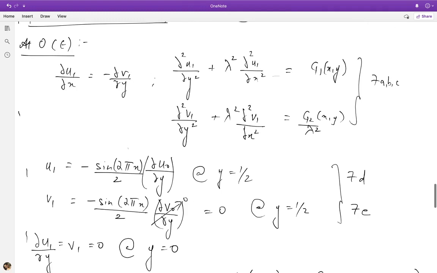So I can fully determine v1 from here, and I can then go back to this equation and directly calculate g2, because I now know v1 entirely. I can calculate g2 simply by evaluating these terms.